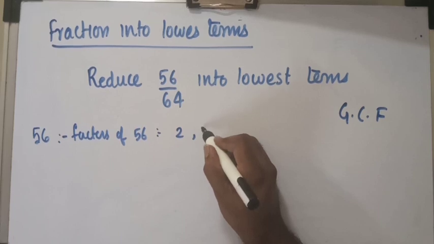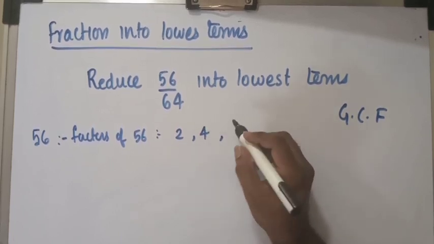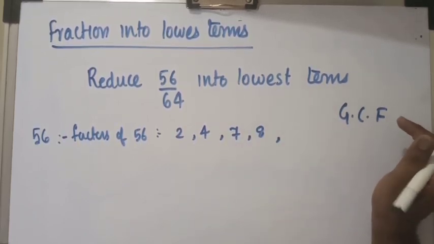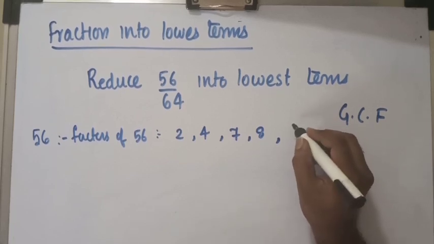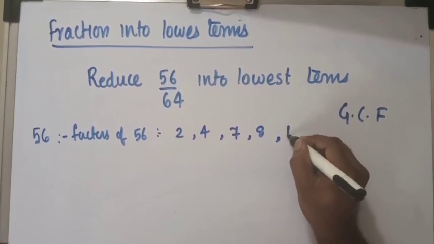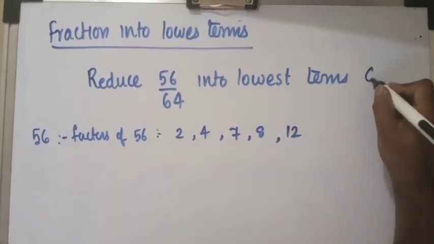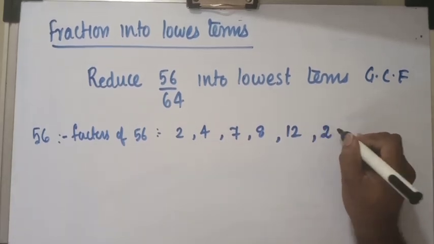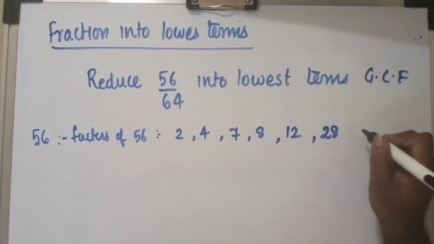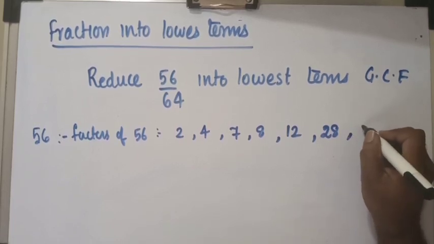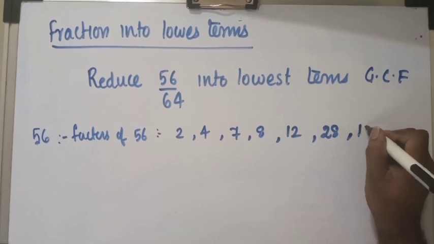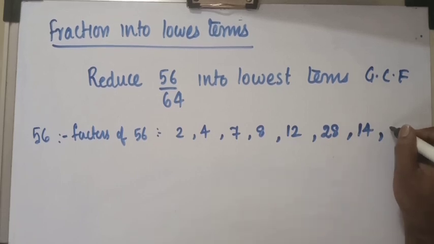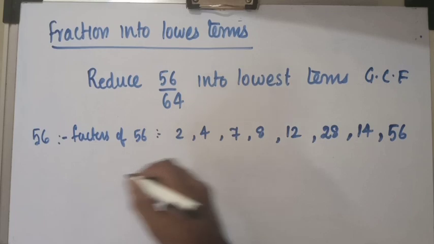It goes in the table of 2, 4, 7, 8, then 12, 28, 14, and 56. So these are the factors of 56.